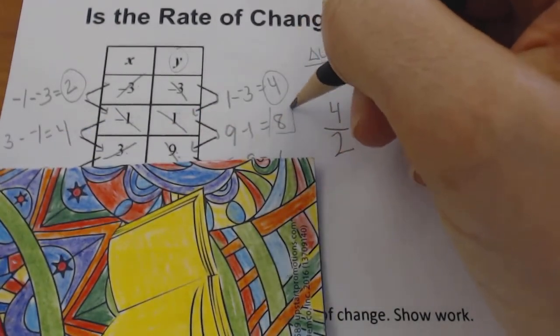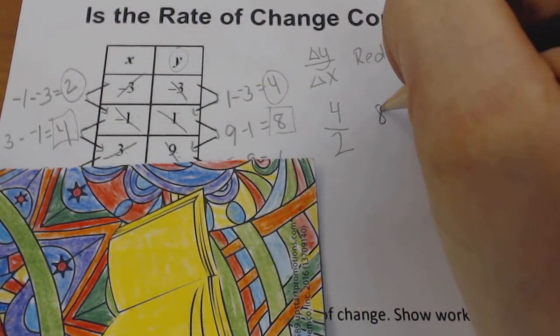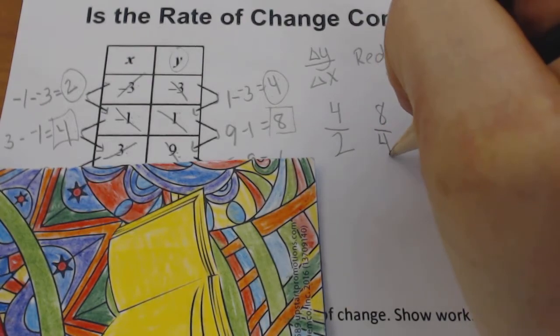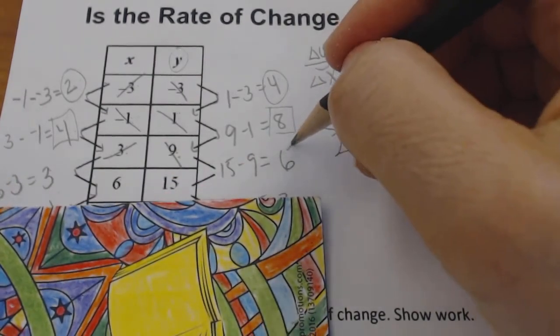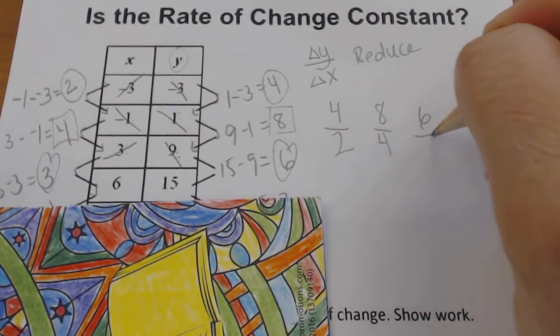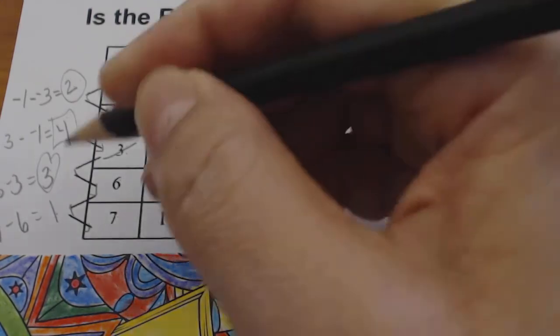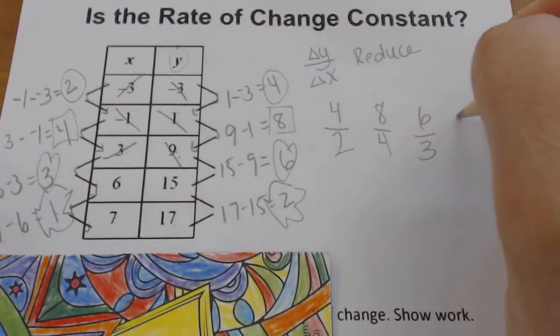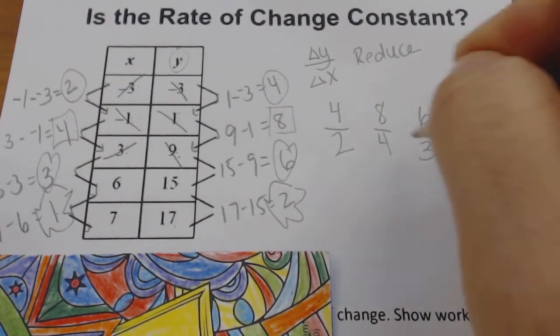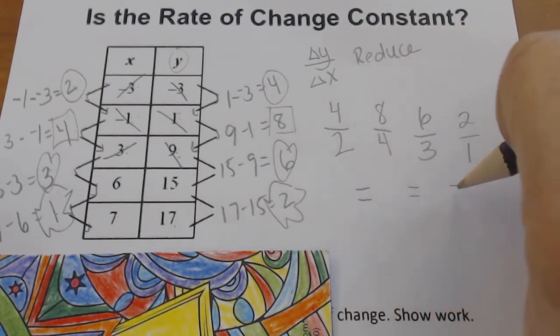Then let's take 8 and 4. So we're going to write 8 over 4. Then let's take the 6 and the 3. 6 divided by 3. Then let's take the 2 and the 1. 2 divided by 1. And now what we're going to do is reduce these. And we want to see, once we reduce these, are they all going to be equal?